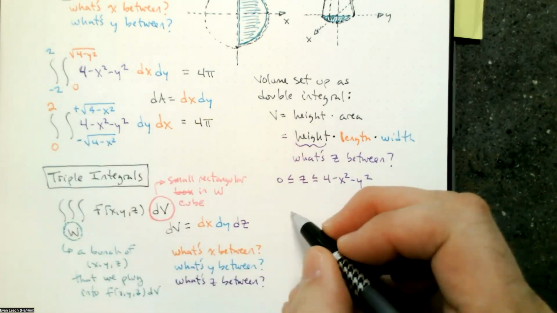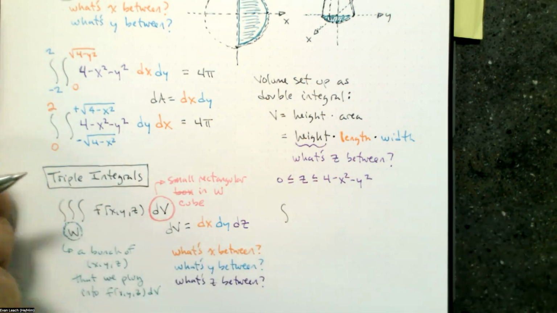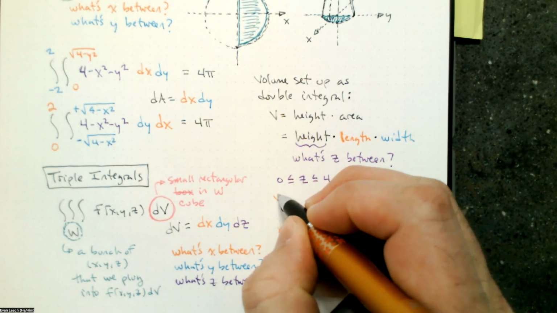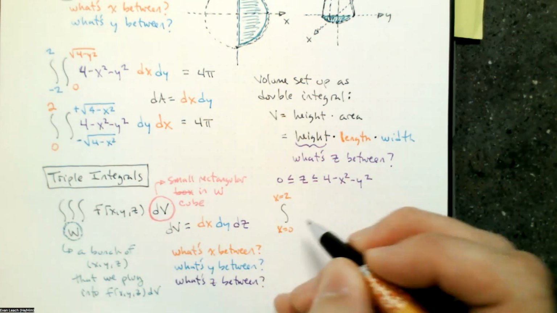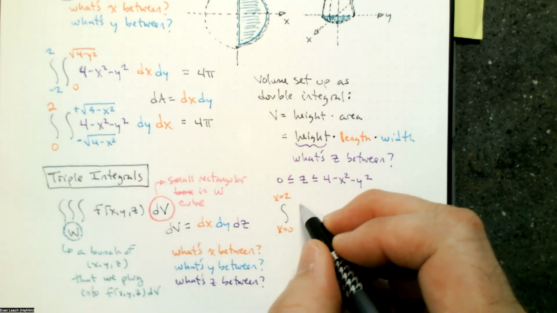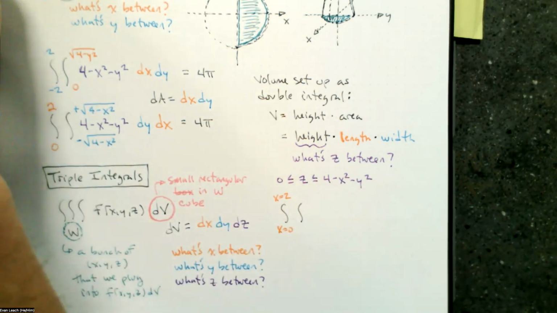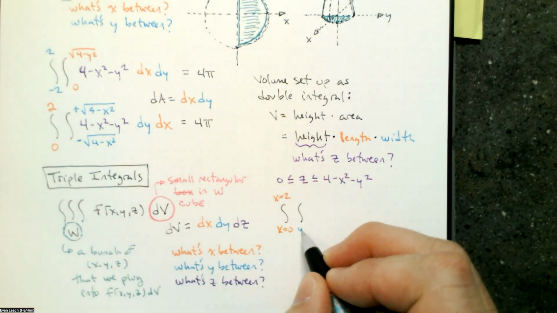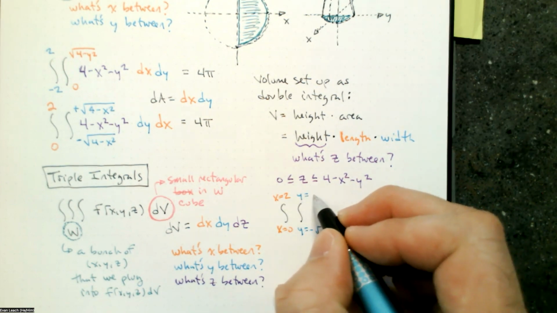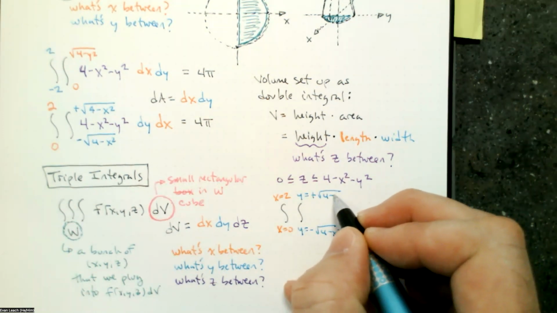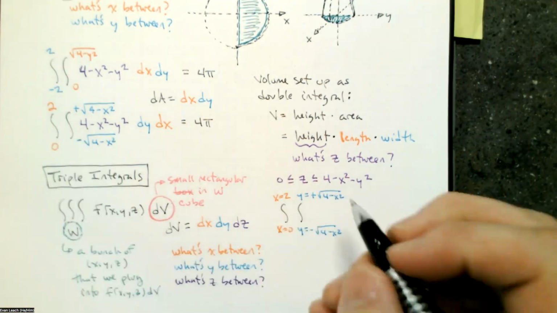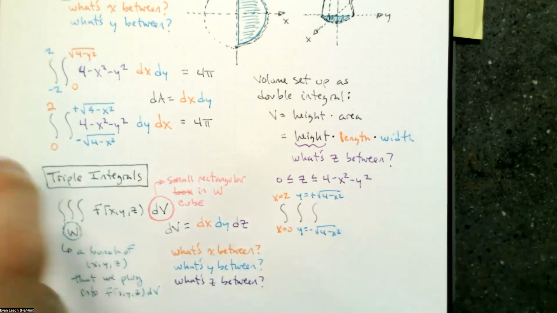I could have said x goes from 0 to 2, y goes from negative square root to positive square root, and then I could just have another integral for what z is between.